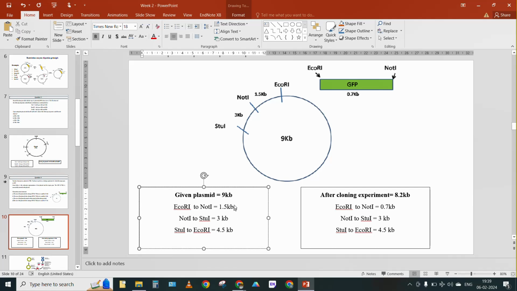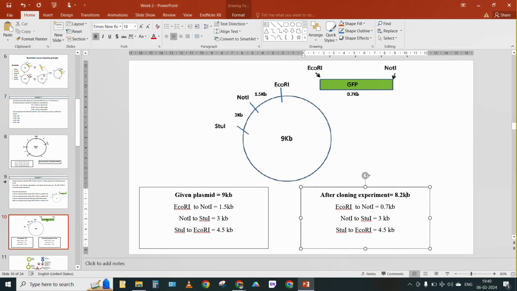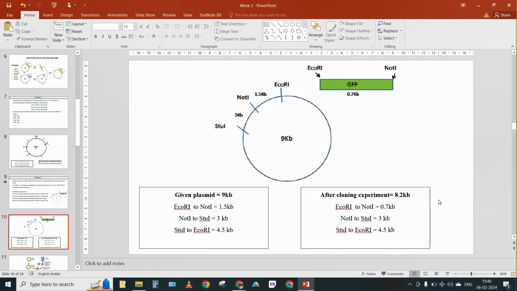We just have to replace this 1.5 kb with this 0.7 kb. So after replacing the 1.5 kb EcoR1 to NotI fragment by the 0.7 kb fragment, it's coming 8.2 kb. So got it? Yes, sir.